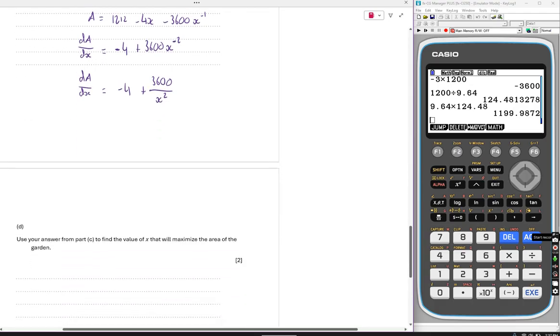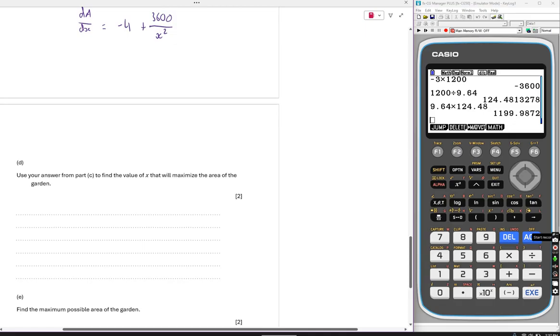Okay, use your answer from part C to find the value of x that will maximize the area of the garden. So we need to essentially find a stationary point. If you have forgotten, the derivative is just telling us the gradient at a particular point.